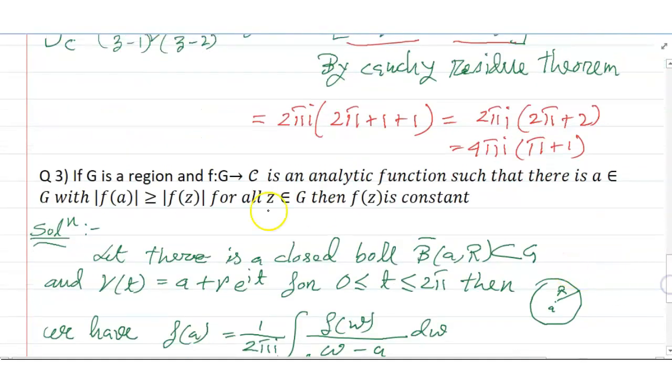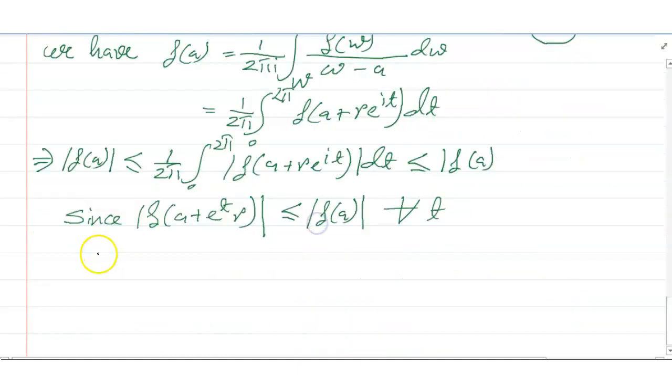Because we discussed here that mod of f(a) is always greater than or equal to mod of f(z), where z equals any number, I take z equals a plus r e to the power it for all t.